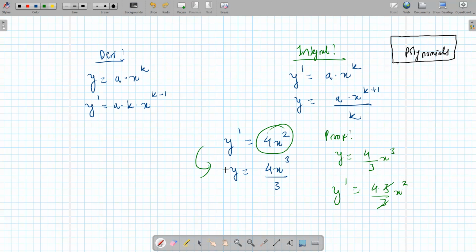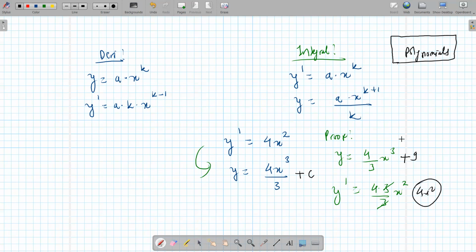A quick note, whenever you integrate something, like we do here, you add plus c at the end. It's not common knowledge, but that's the notation. It's because you see 4 over 3x cubed. If I had a 4 over 3x cubed plus 9, the derivative, because the 9 is going to disappear, still would be 4x squared.